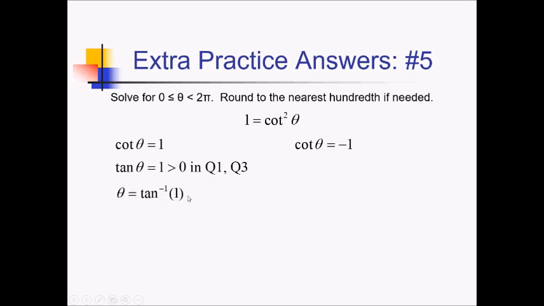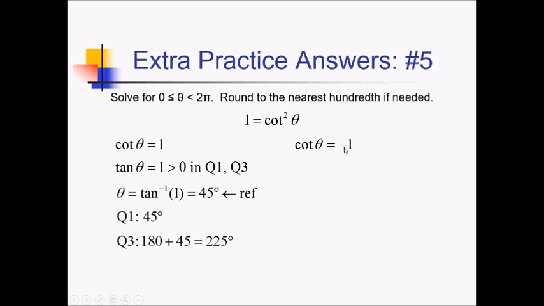Inverse tan of 1, I know off the top of my head, is 45 degrees, which happens to be a reference angle. It's also the quadrant 1 angle, so that's nice to get that right off the bat. And then for quadrant 3, we need to do 180 plus 45 to bring us down 45 from the x-axis into quadrant 3. That's 225 degrees. We'll go back later and figure out the radians. Let's just get degrees answers for now.